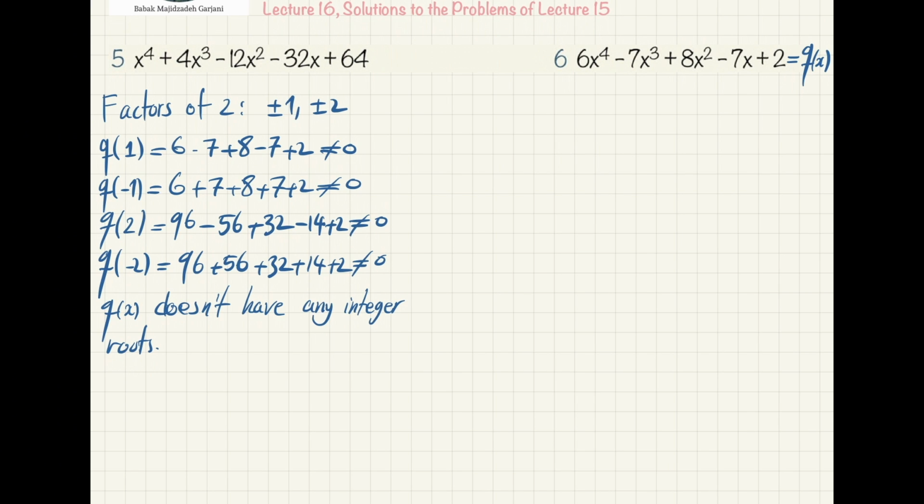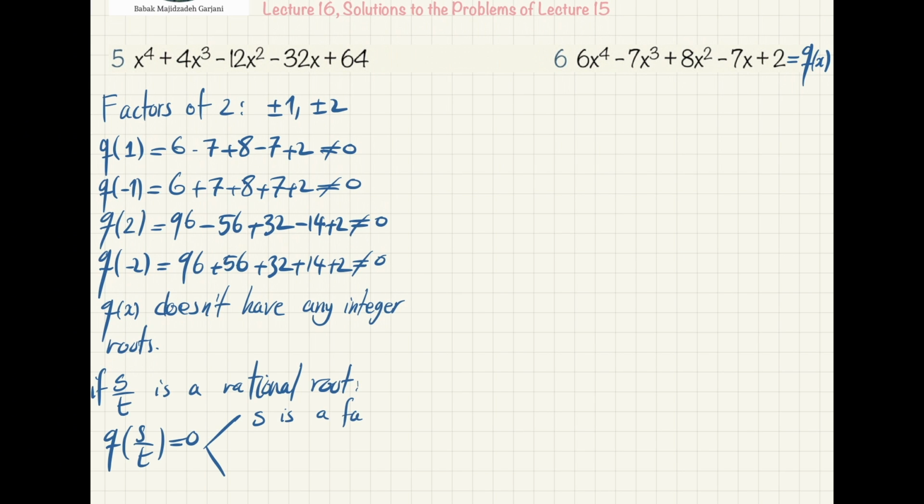So if s over t is a rational root, then what does it mean? It means q of s over t is 0. Then you need to know from the previous theorem in the previous session that s is a factor of 2.